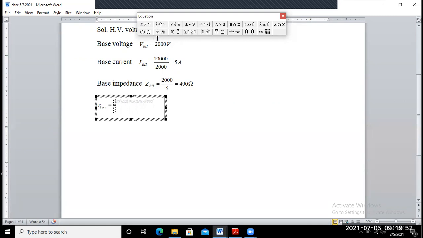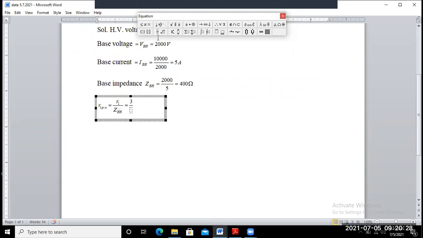So R1 is given to you how much? 3.6 ohm. So R1 divided by Z base impedance.